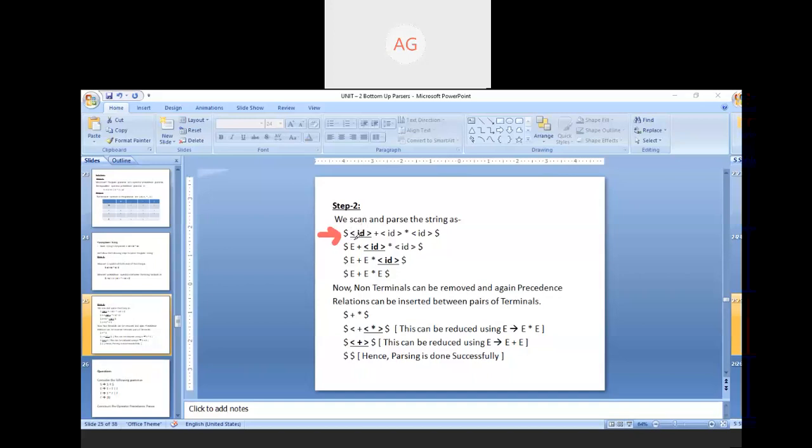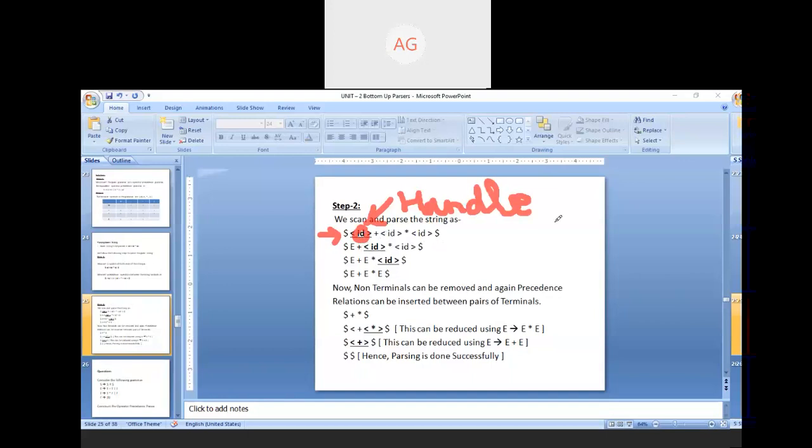So this id is between the less than sign and the greater than sign. So we can treat this operator as the handle. As you already discussed, this is the algorithm step, that whatever operator comes between the less than and the greater than sign, it is treated as the handle. So now this handle can be replaced by the production which produces it.